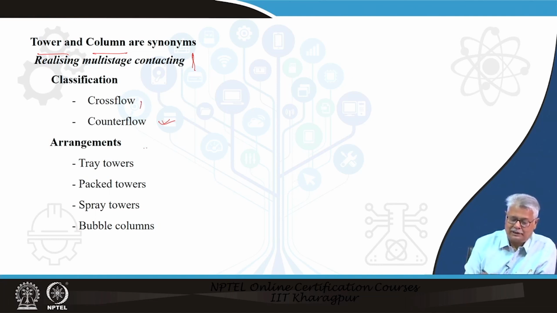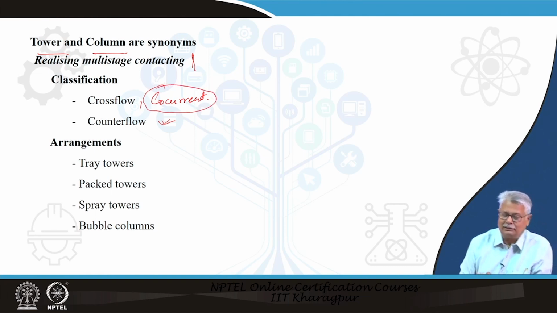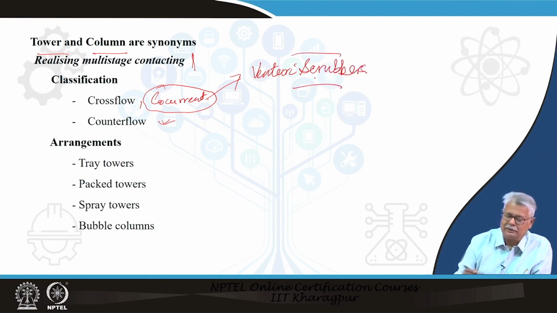You also have a co-current flow, but co-current flow is not normally there in this type of tray contactors. You will find co-current flow in case of Venturi scrubbers only, which is also a vapor-liquid contacting equipment.